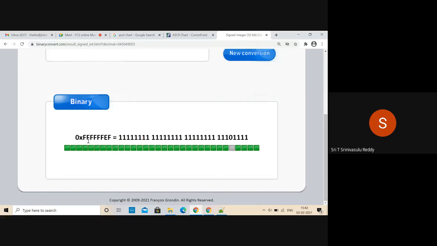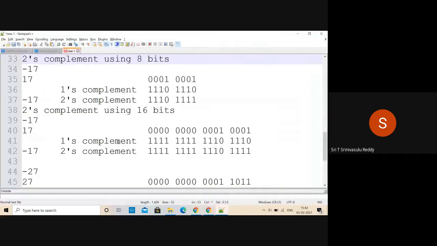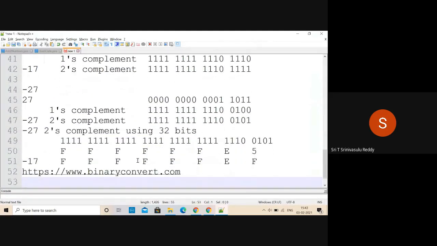So in hexadecimal it is FF, FF, FF, EF. This is our 32-bit version of minus 17, in hexadecimal notation: FF, FF, FF, EF.